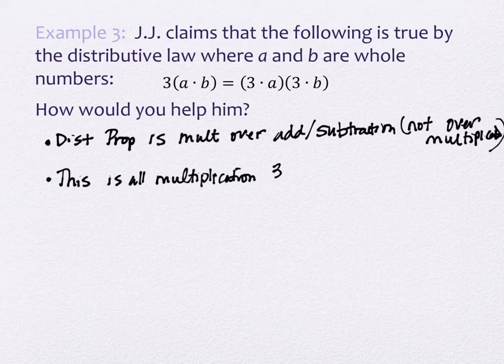So if you had 3 times AB and you wanted to do something with a property that's about all multiplication, you could regroup your parentheses like this, to see that. And that's a property that we have. It's the associative property. And that might be enough to show him, hey, look, there's that 3A that he's wanting to say here, but the only thing that's left now is B by itself. It's not 3B, right? Can you think of a super concrete way that you could show him why this doesn't work?